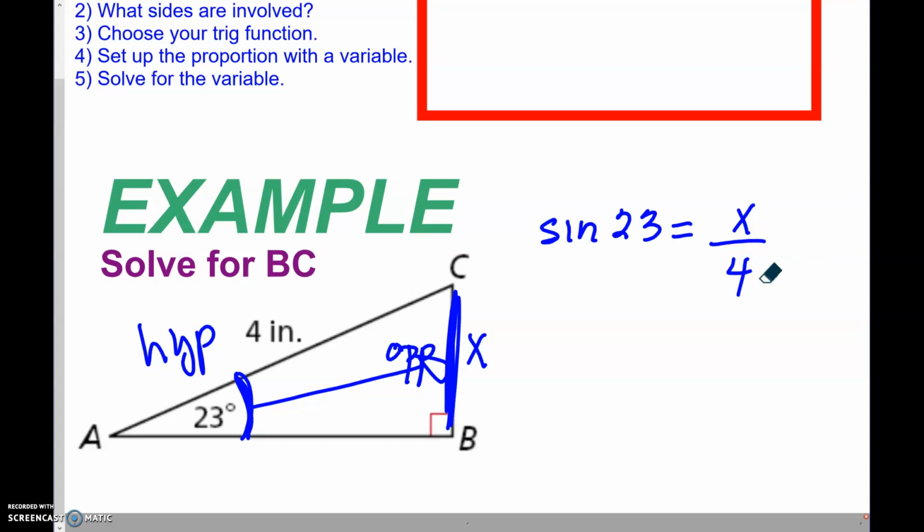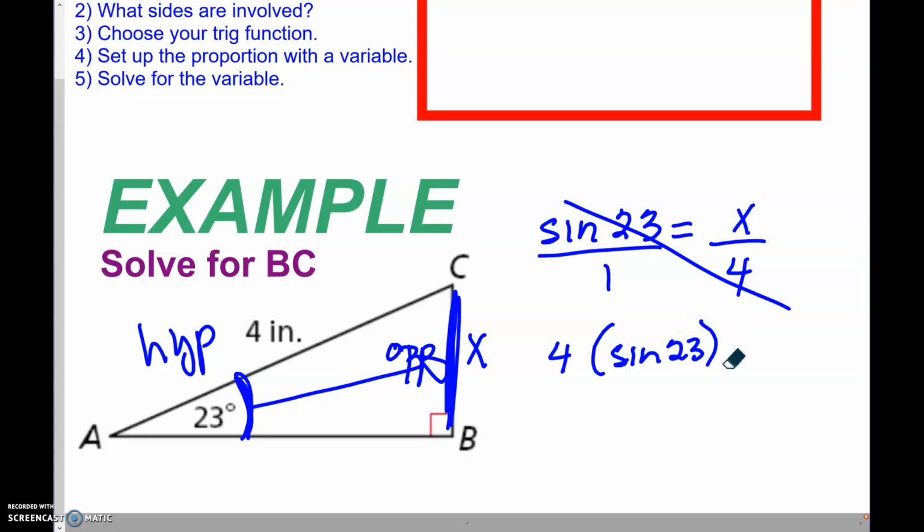Now really, this is just a proportion. We can just put a 1 underneath here, and we're going to solve this by cross multiplying. So we're going to take 4 times the sine of 23. These have to go together, and this equals X. Be careful, because if you write it like this, sine of 23, a parenthesis comes up and you hit 23. If you just hit times 4, your calculator is going to multiply these two together and then do the math.